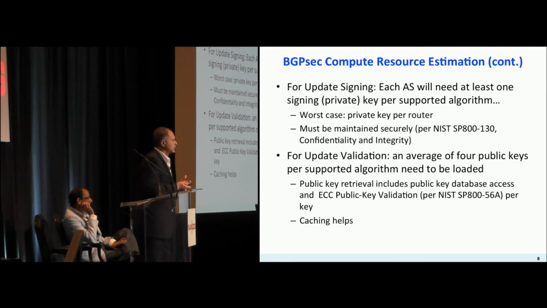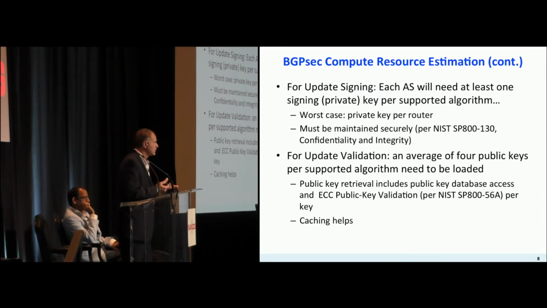And then real quickly, if you look at per update signing, each AS will actually need a private key to be able to sign that particular path. These keys aren't really that large. However, their confidentiality and integrity must be maintained, so the system should be able to do that.